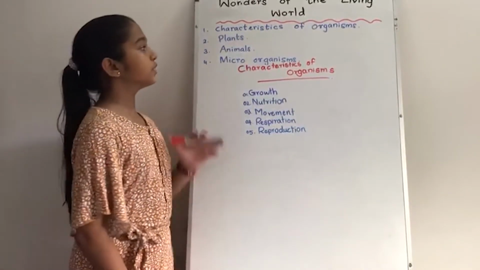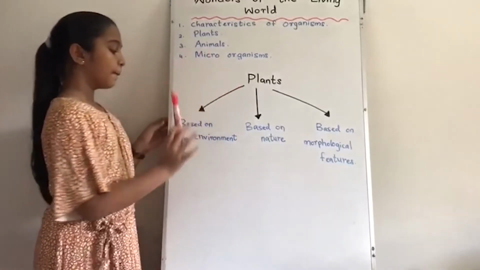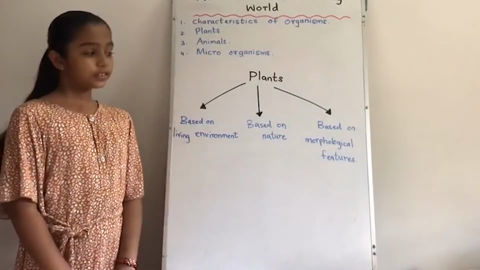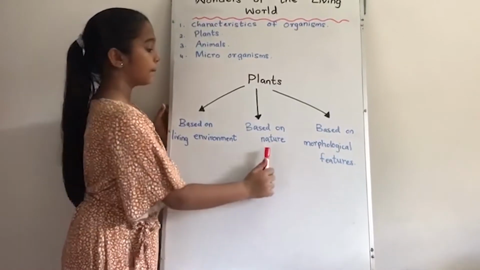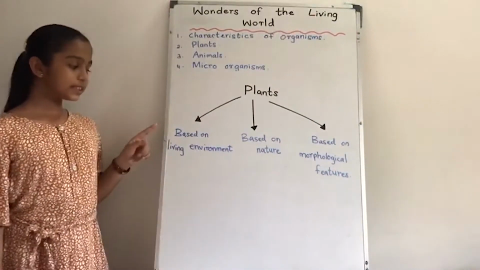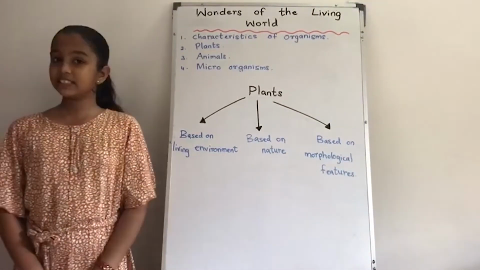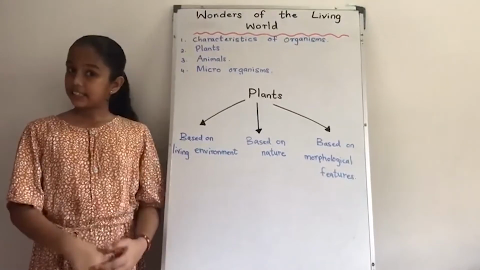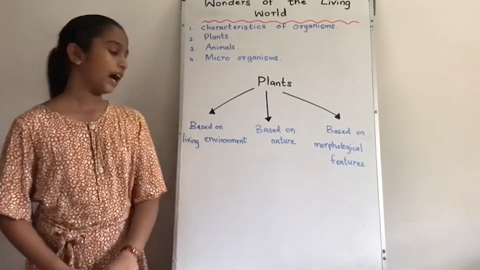Now let's see about plants. Plants can be divided into 3 groups. They are based on living environment, based on nature, and based on morphological features. Based on living environment: terrestrial, aquatic, coastal, mangrove are examples.